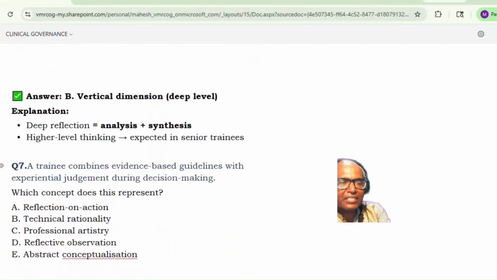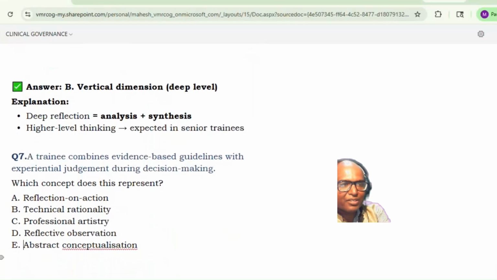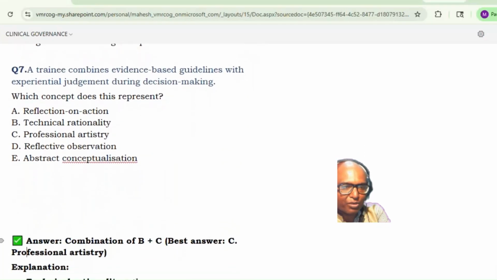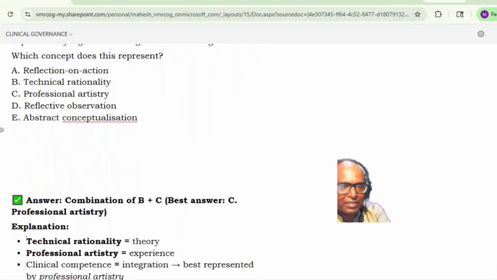Technical rationality is one thing for the trainee, but if the senior trainee is there, then definitely it will be professional artistry. So that is why there is a little confusion. I hope you are understanding this, though this will not be in the examination, but you have understood the difference between the two. So having the knowledge and practicing the knowledge.